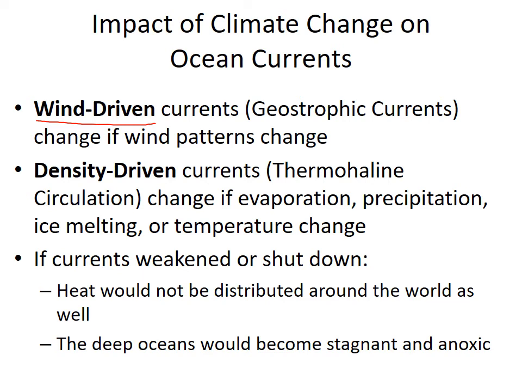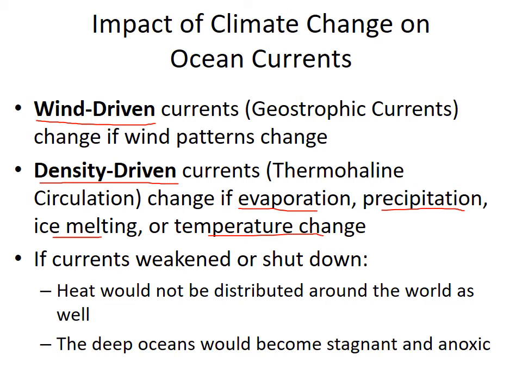The other type of currents is density-driven currents, currents driven by rising and falling waters due to the water being more dense because it's cold and salty, or less dense because it's warm or fresh. Those density-driven currents, which are really important in the overturning circulation of the ocean, can change if the processes that affect water density, like evaporation, precipitation, warming, and ice melting, change.